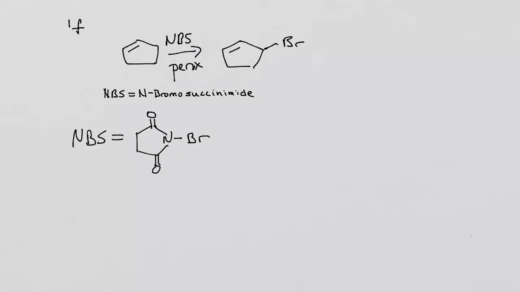So here's the structure of NBS, or N-bromosuccinimide, and what this is pretty much equivalent to is that when you put this in solution and you heat it up, it breaks down essentially and acts as a source of Br2. So your question is, well, why can't we just use Br2?